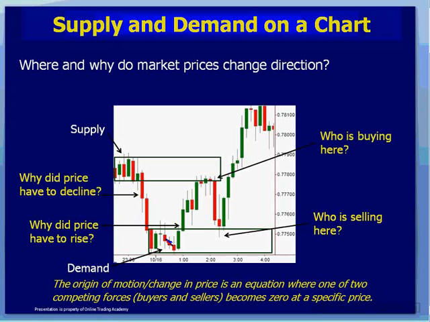Down at the bottom, price is trading sideways, and then all of a sudden there's a strong rally in price, right? Again, why did this strong rally happen? Because it had to. Because at the origin of that rally, while supply and demand appeared to be in balance here, the truth is there was never balance. It was always out of balance. It just took a certain period of time for that unbalanced equation to play out.